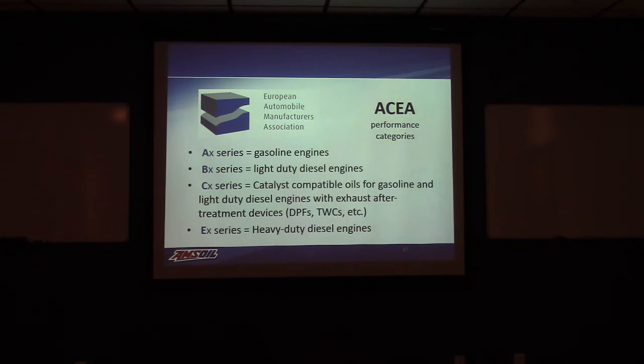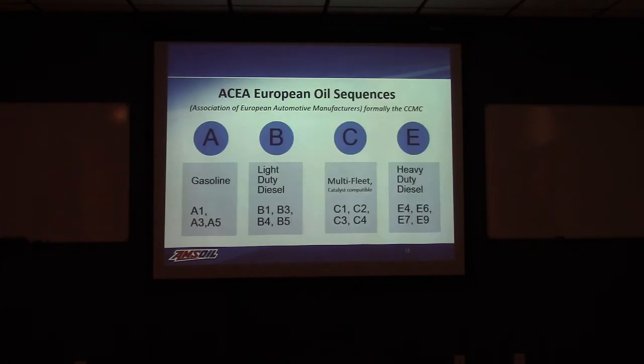A's are for gasoline engines, B, light duty diesel, C, that's when we get into the emission control situations to a greater extent, and E, that's your really heavy duty diesel situation. Within each category, they have subcategories as well. The subcategories will define performance level even more.